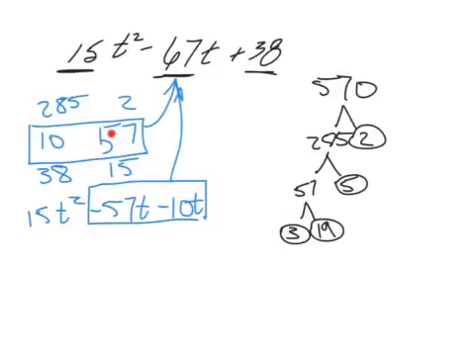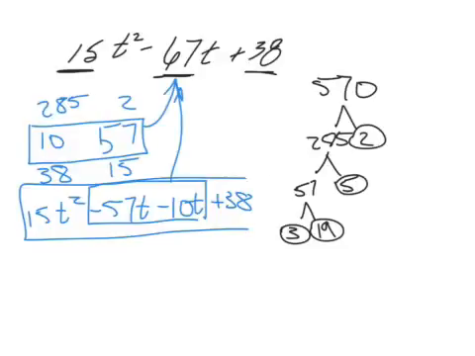So I don't really care what numbers I have here, whether they're positive or negative, just so that if I can combine them some way, I'm going to get 67. And I was able to. If I make this a negative and this a negative and add them, I'm going to get my negative 67. Alright, and then I'm going to put plus 38.